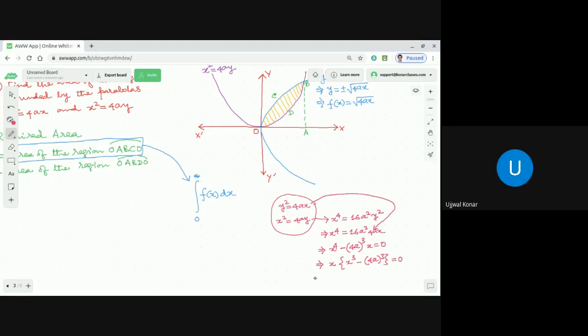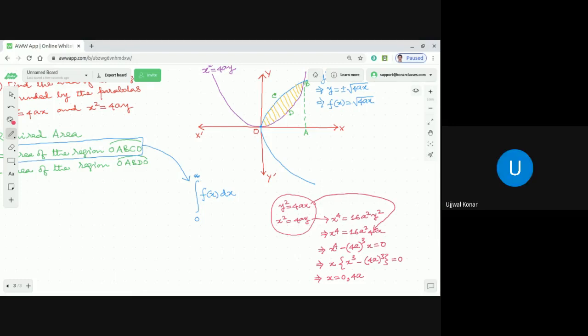That implies, in simple terms, we can say x equal to 0 and 4a. It is a biquadratic equation. It has 4 roots. I'm just concentrating on the 2 roots which are meaningful in the context of the discussion. Do you all agree? Here I would like to tell you one point, dear students. We have a tendency just to cancel x, but that is not correct.